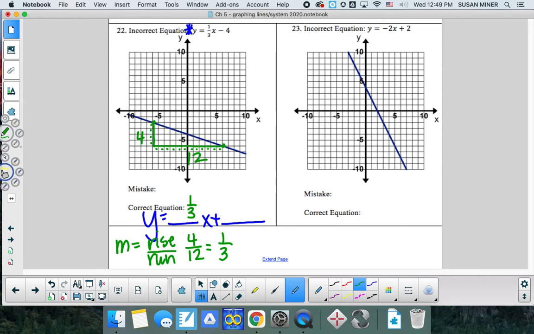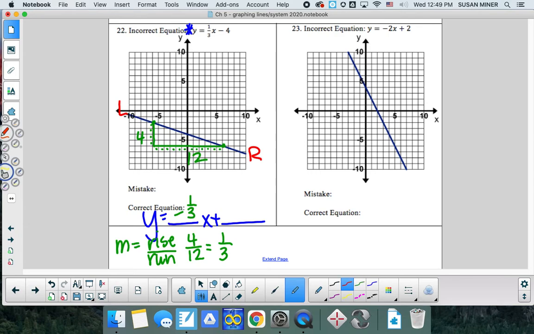Now I always want to check and see if it's a positive or a negative slope. And I always read my graph from left side to right side. So the left side of this line going to the right side of this line goes down. And so this is going to be a negative 1/3 slope. Then I want to identify my y-intercept.